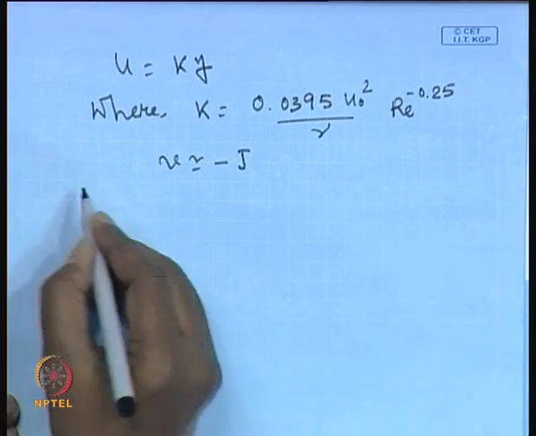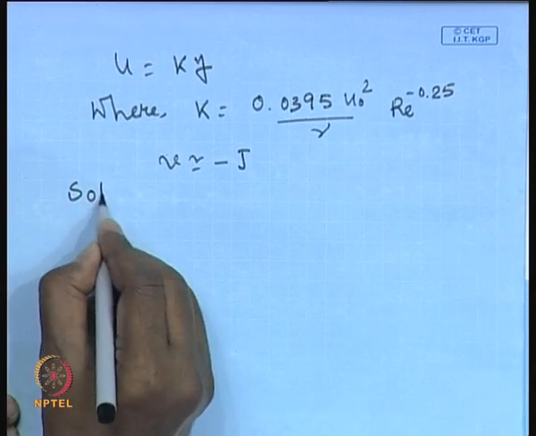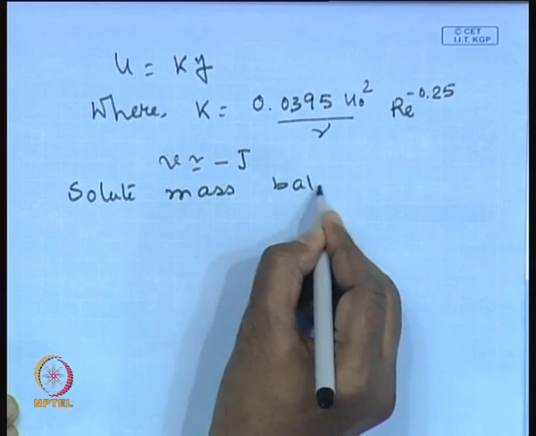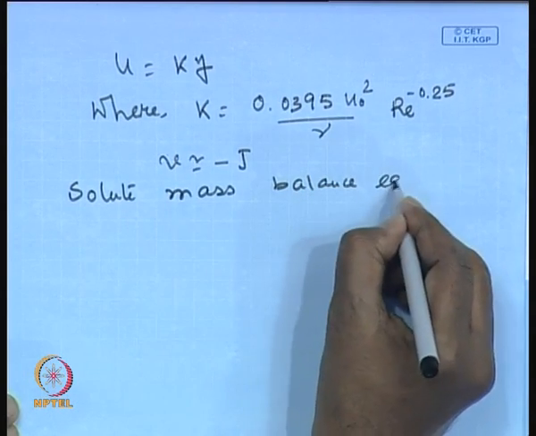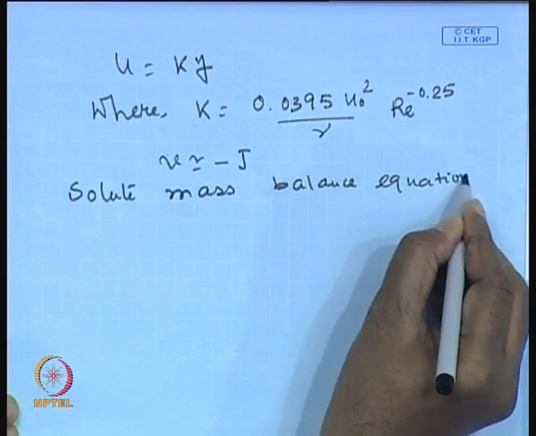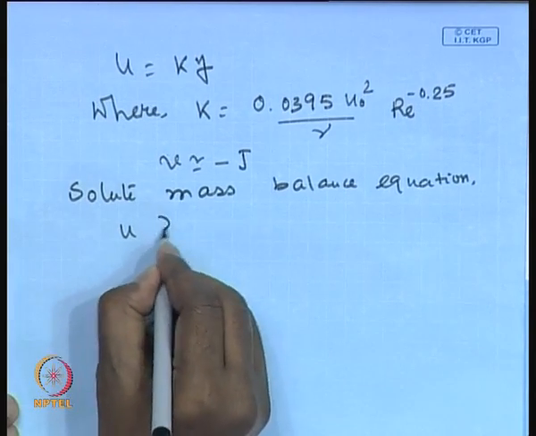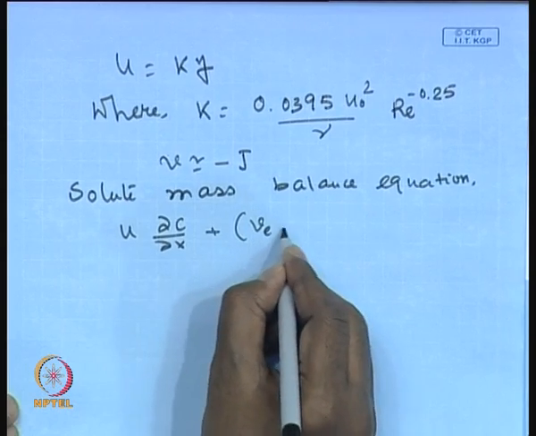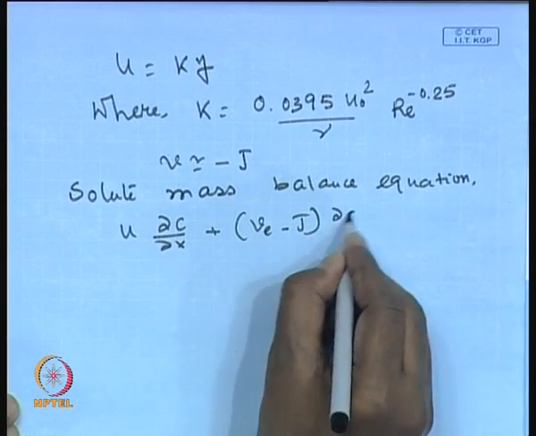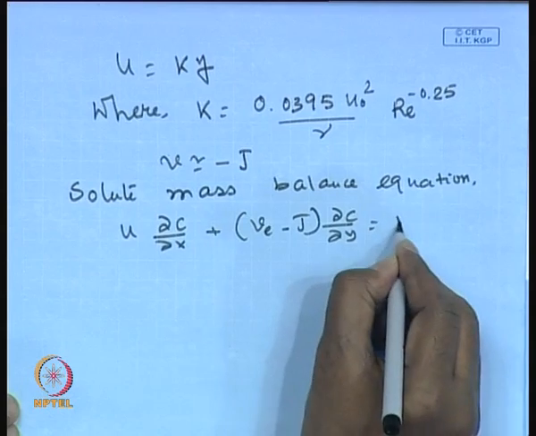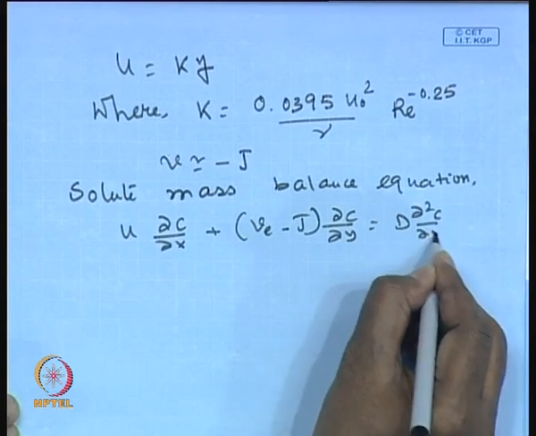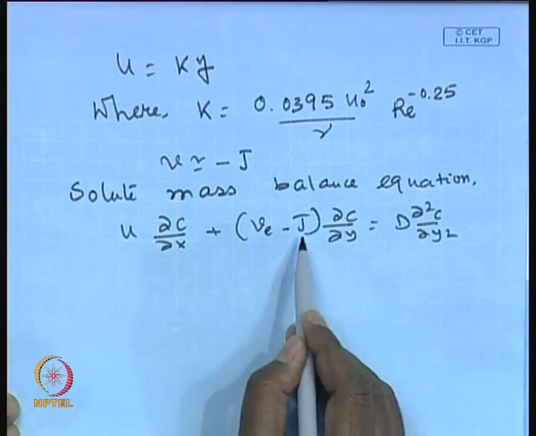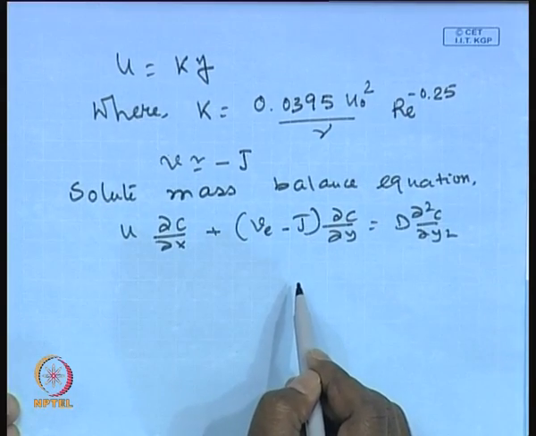Therefore, your solute mass balance equation now becomes U del C del x plus V E minus J del C del y is equal to D del square C del y square. That means, your electrophoretic velocity is in the upward direction, J is in the downward, opposite direction.